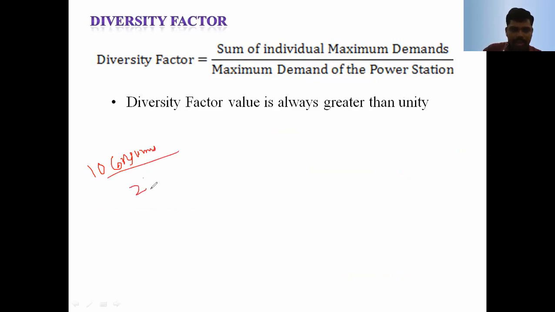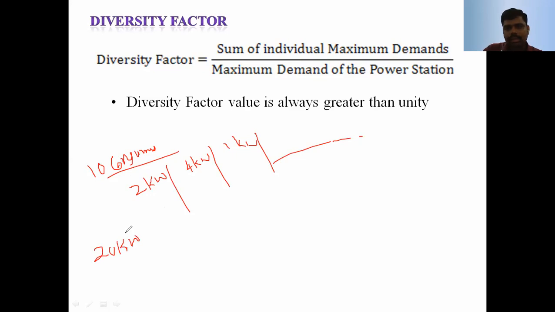The first consumer takes 2 kilowatt, the second consumer takes 4 kilowatt, and the third consumer takes 1 kilowatt, and so on. But in the particular area, the maximum demand is 20 kilowatt. This is an example for domestic load.